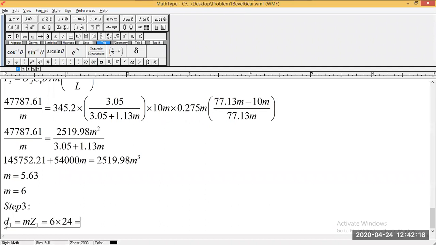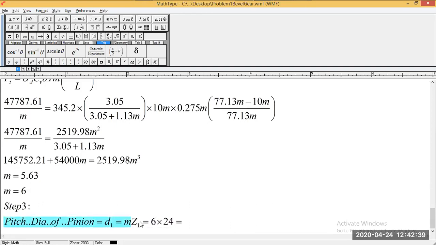Okay, this is nothing but the pitch diameter of the pinion.